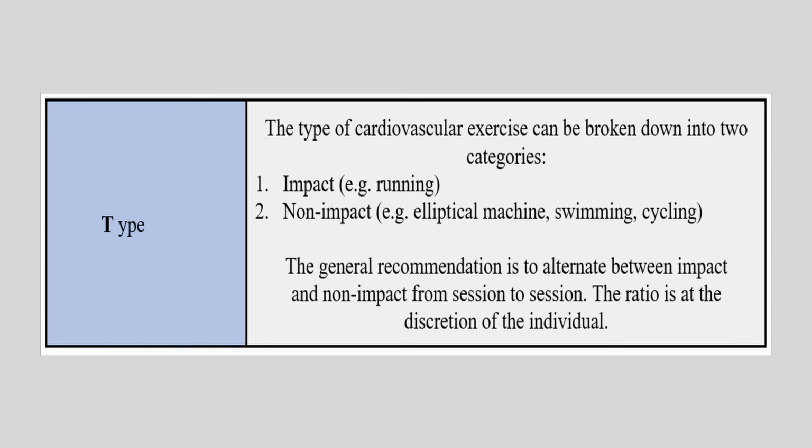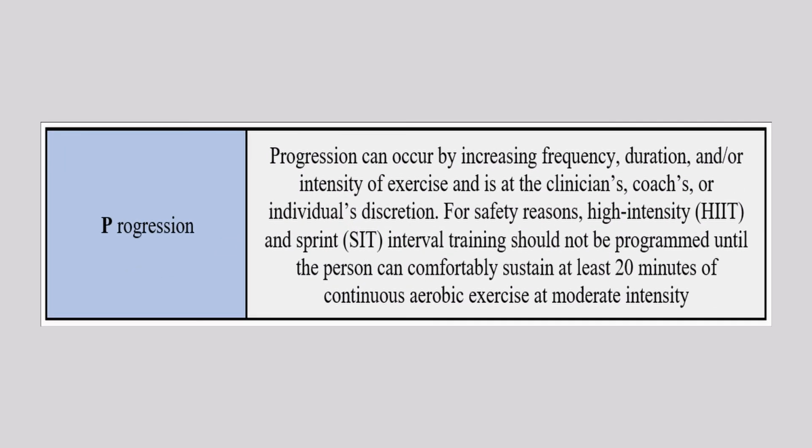It doesn't necessarily need to be a 1-to-1 ratio where you just switch back and forth all the time. For instance, you could insert cycling or the elliptical machine once for every 3 times that you go out for a jog.